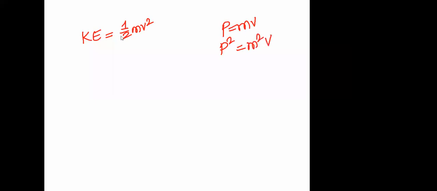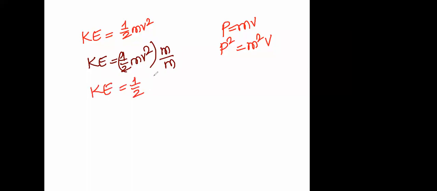Here also, KE is equal to 1 by 2 m v square; if I multiply both numerator and denominator with mass, I get KE is equal to half m into m square v square divided by m. Therefore, kinetic energy KE is equal to m square v square, which is p square divided by 2m.